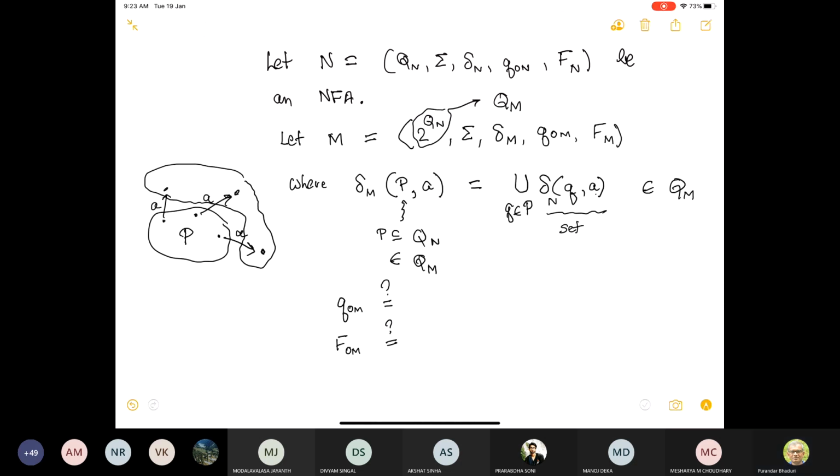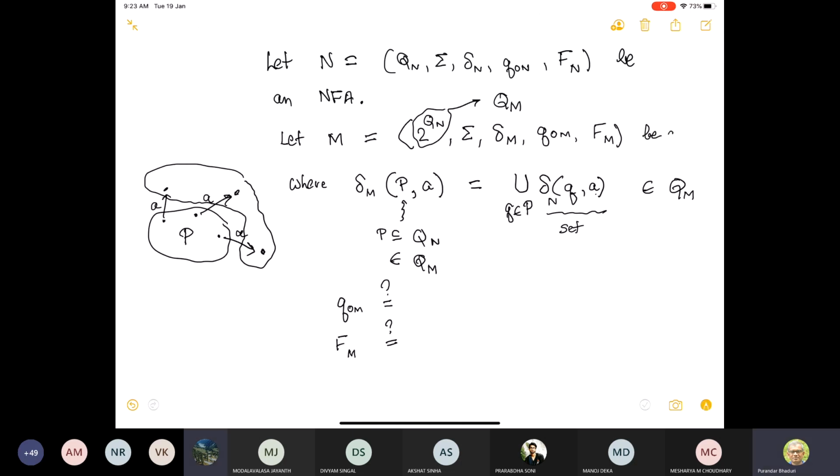Anyone? Sorry, why did I write a 0 there? That doesn't make sense. Can anyone tell me what should the initial state be in the DFA M?